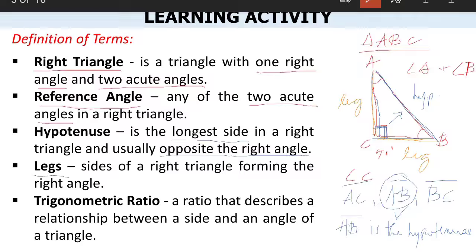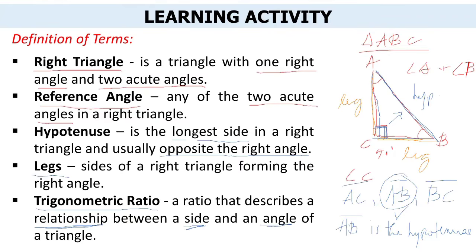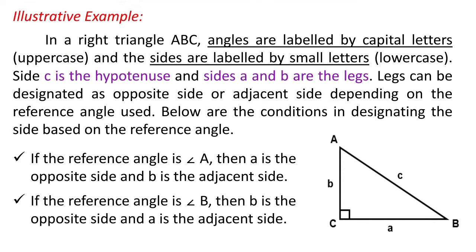And let's have this last term, trigonometric ratio. A trigonometric ratio is the ratio that describes the relationship between side and angle of a triangle. To understand more what a trigonometric ratio is, let's have this illustrative example.